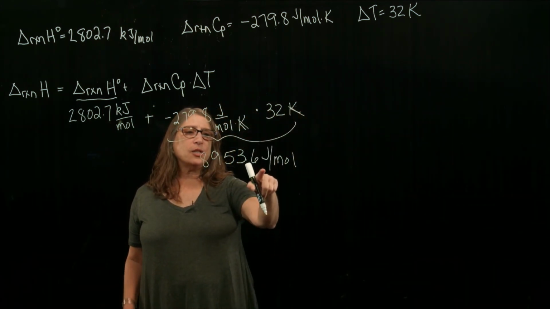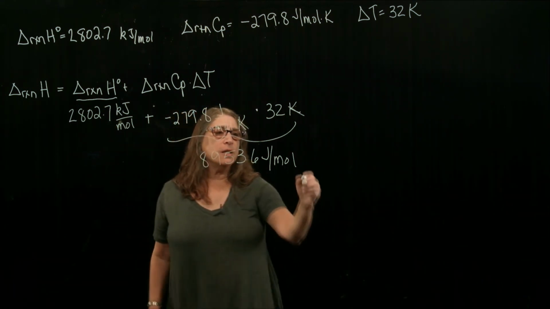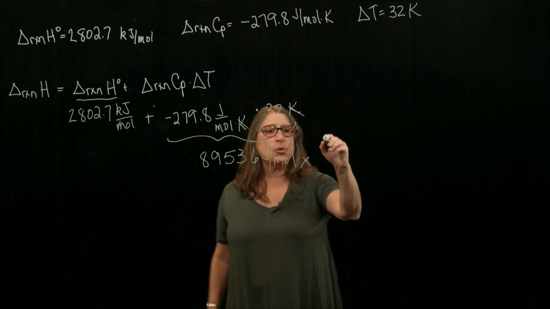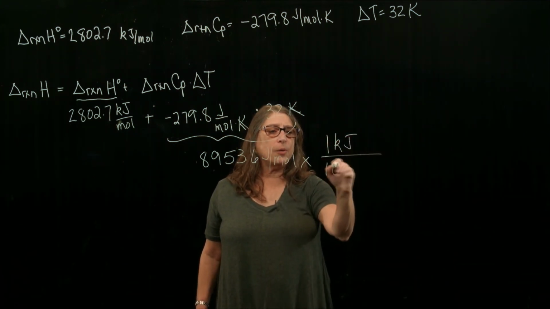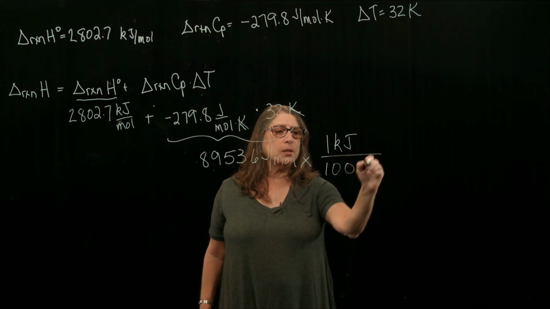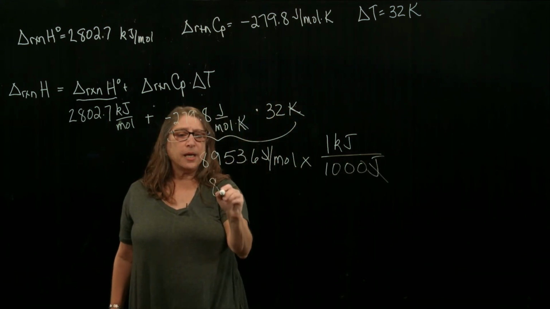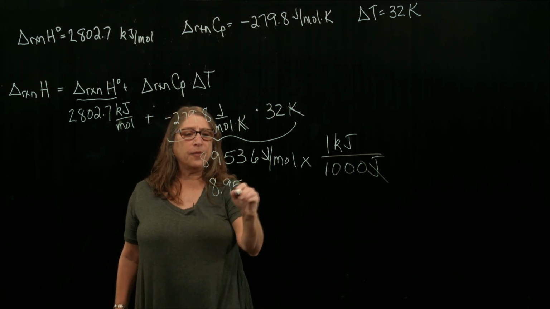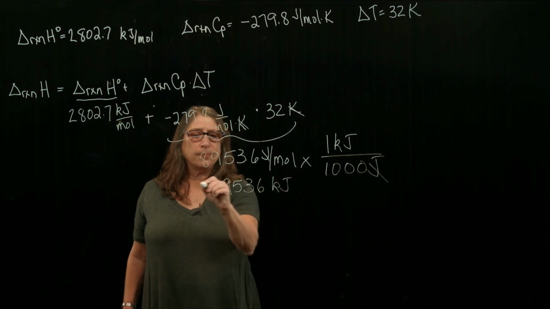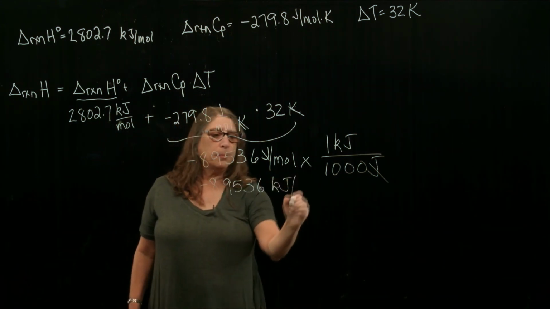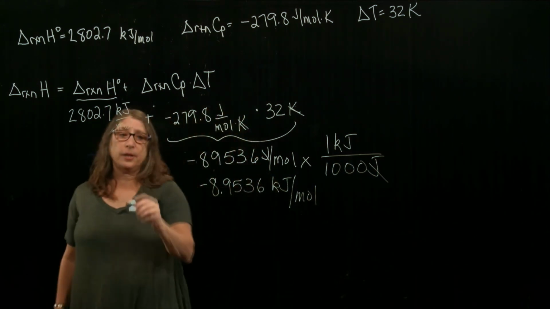And I can't add joules to kilojoules, so I have to convert this number into kilojoules, and I know that there's 1 kilojoule for every 1,000 joules. And so this number becomes 8.9536 kilojoules per mole. And that number is negative. I forgot it from over here.